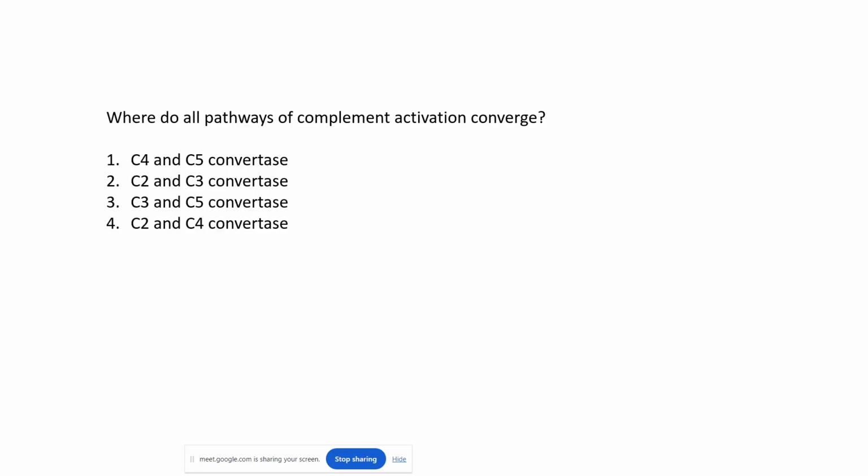And this was the next question: where do all pathways of complement activation converge? C4 and C5 convertase, C2 and C3 convertase, C3 and C5 convertase, or C2 and C4 convertase.